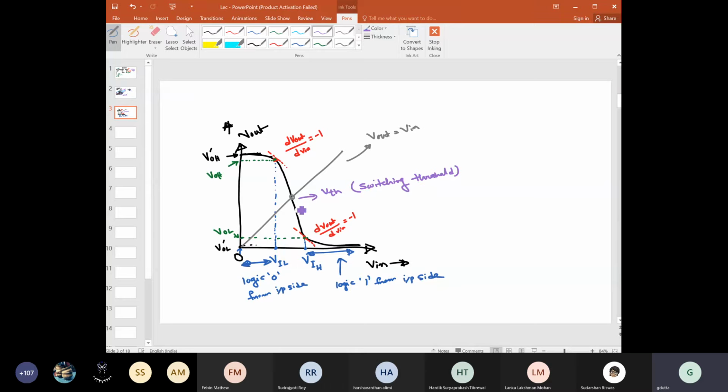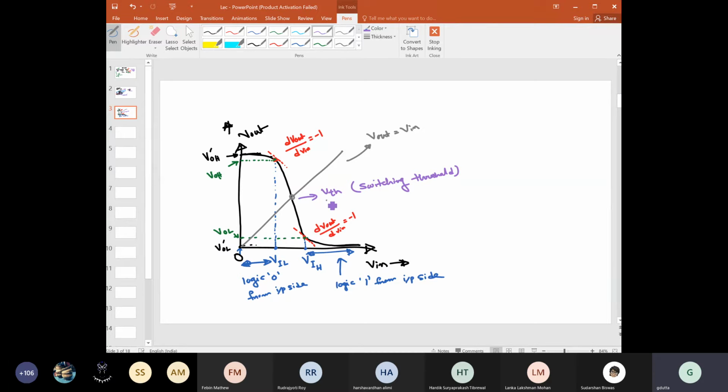Technically, anything below this VTH can be considered as logic 0, and anything above this VTH can be considered as logic 1 input. I'm saying this from the input point of view, right? So you understand what is VTH.